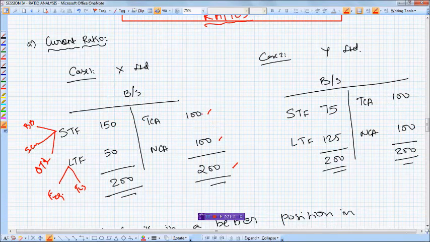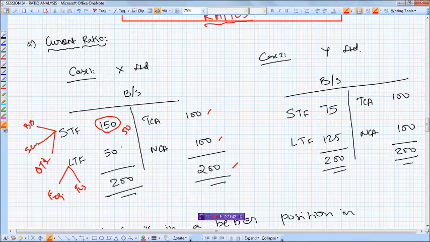This company has 100 crore worth of current assets, and for that 100 crore worth of current assets, it can have 100 crore worth of current liability. But this has 150 crore worth of liability. So what does it mean? For meeting 100 crore current assets, 100 is sufficient, but this has 150, meaning it has 50 extra.